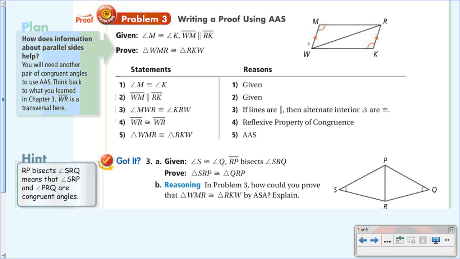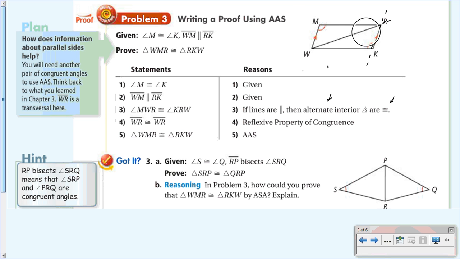So now we know that angle MWR, this angle here, is congruent to KRW, this angle here, and our reason is they are alternate interior angles. Because here we have our parallel lines, and then this is our transversal, which makes these angles alternate interior angles, and therefore they are congruent.